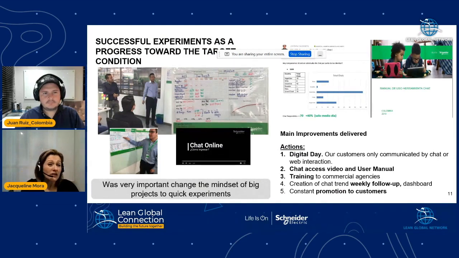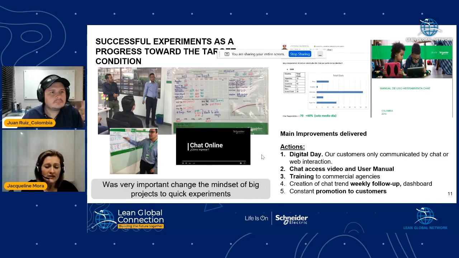And what about our successful experiments? At the end, maybe 4 or 5 months later, we discovered 5 main improvements for our processes.